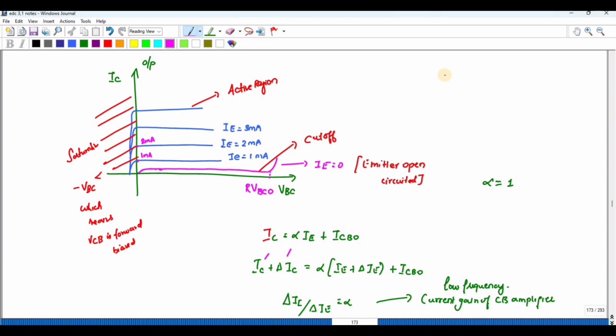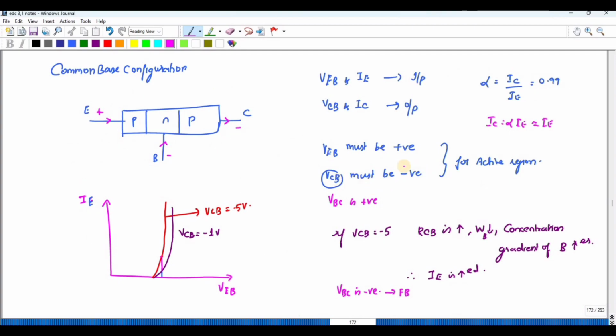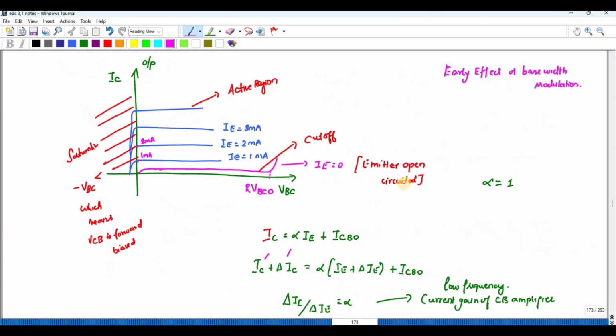One more topic is called the early effect. What is the early effect? It is also called base width modulation. We know that if the value of VCB is increasing, the reverse bias gets increased, therefore the effective base width gets decreased.